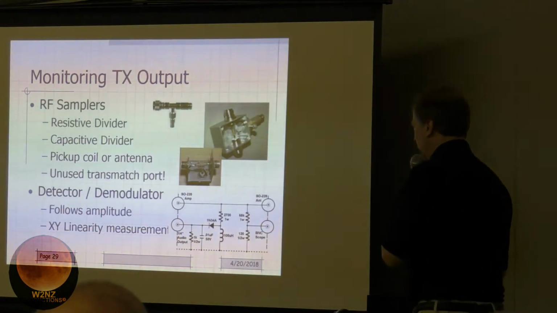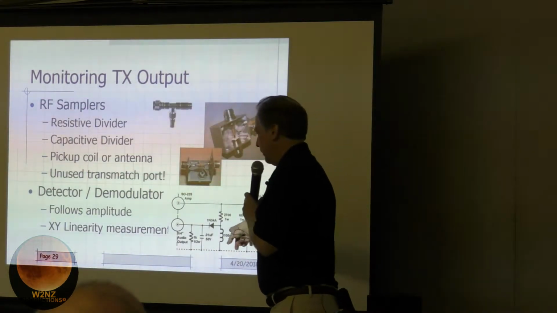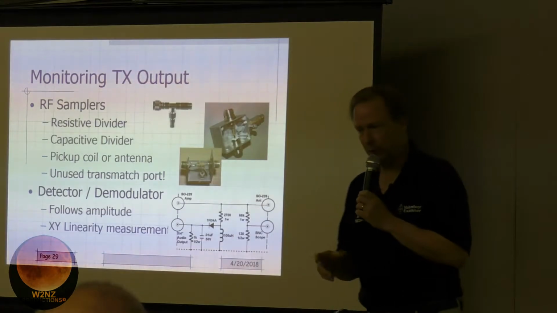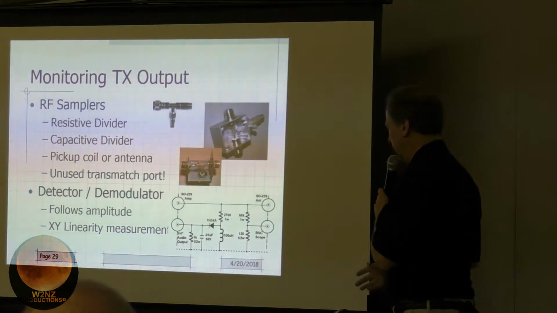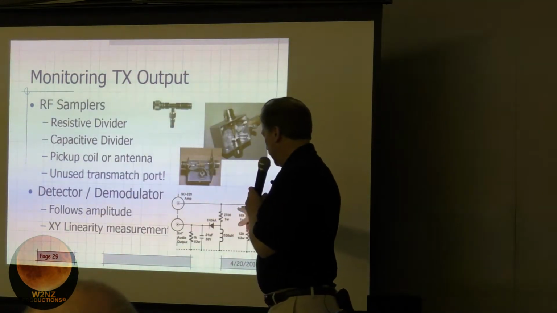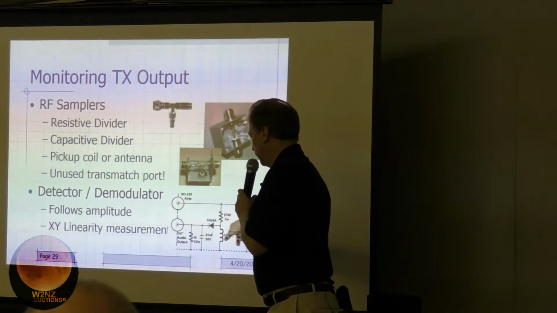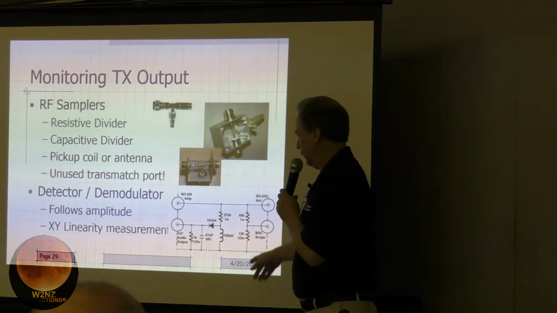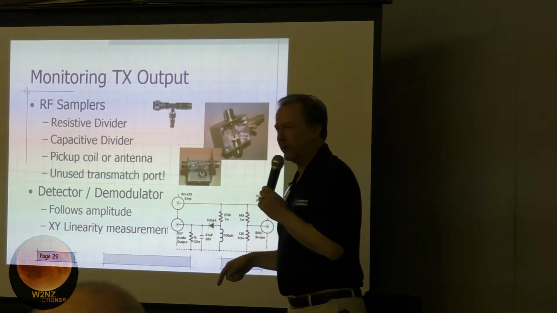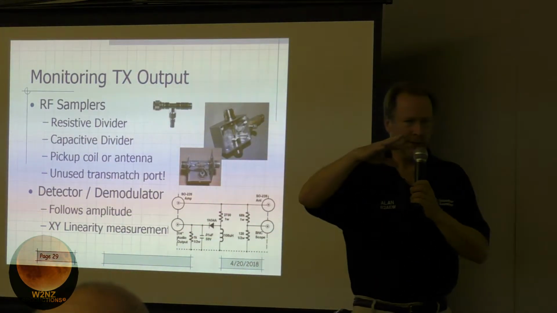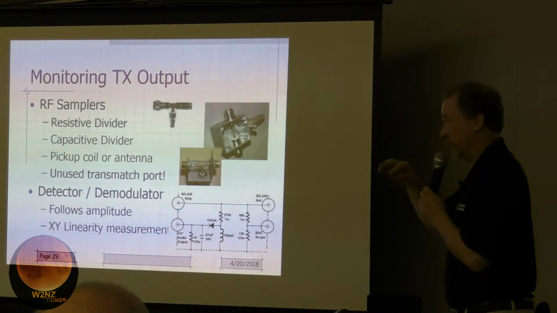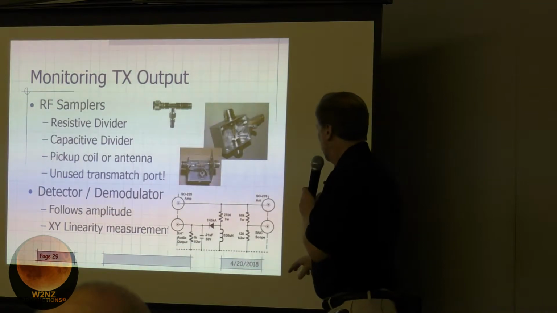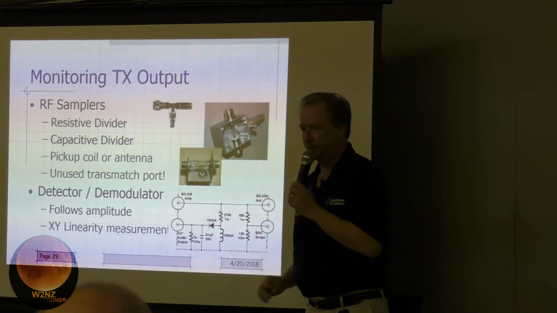Okay. And then also you can build yourself a little AM demodulator, a simple little diode detector to look at amplitude. And once we do that, we can actually do XY measurements. This circuit here shows both of those things connected up to the same RF path, which you only do if you wanted to look at this or that. If you want to look at the demodulated audio output, or the demodulated envelope, because it would only give you audio for AM, or just if you want to look at the RF envelope.